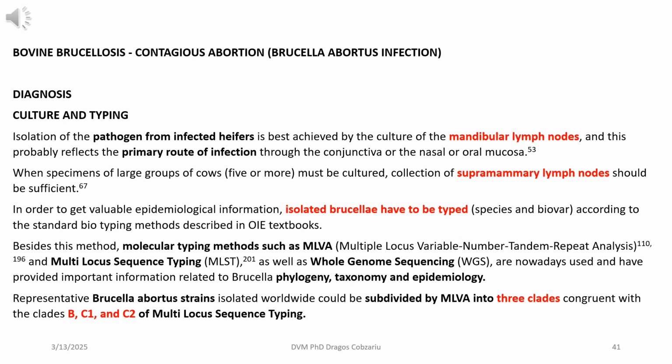In order to get valuable epidemiological information, isolated brucellae have to be typed, species and biovar, according to the standard biotyping methods described in standard textbooks.